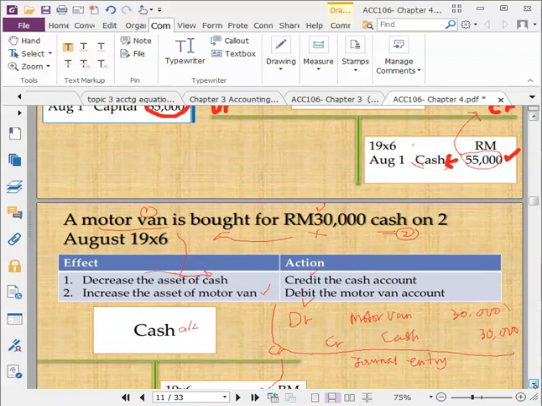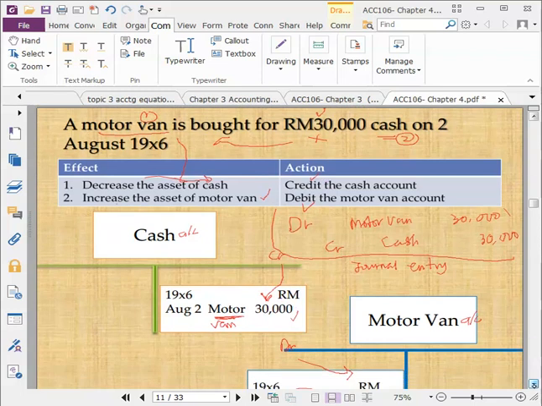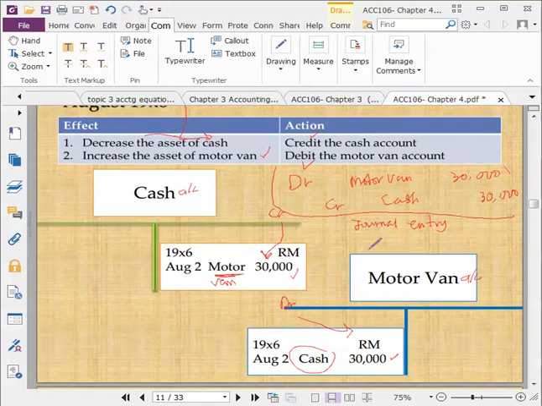So let's look at the double entry and then the T account. Affected are the cash account and also the motor van. Cash decreases, right? So the amount 30,000 is under the credit side, and the detail for the transaction is motor van.